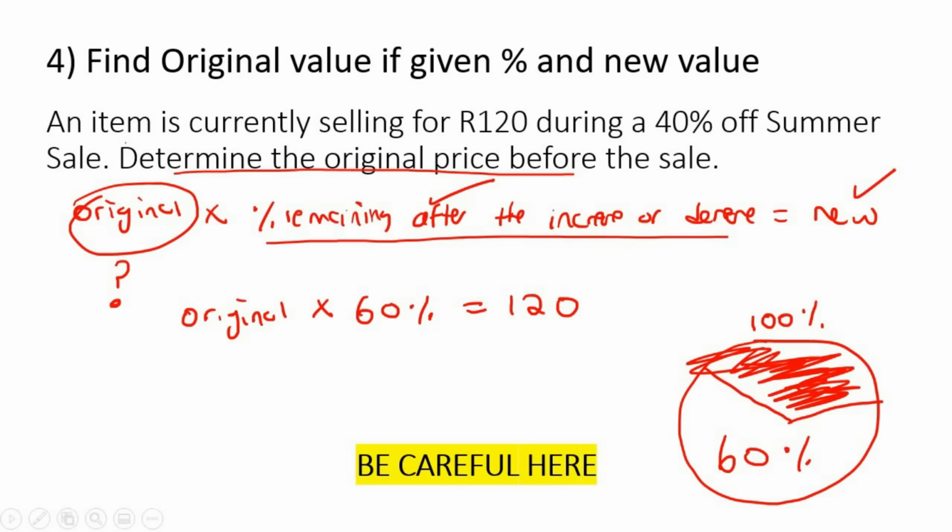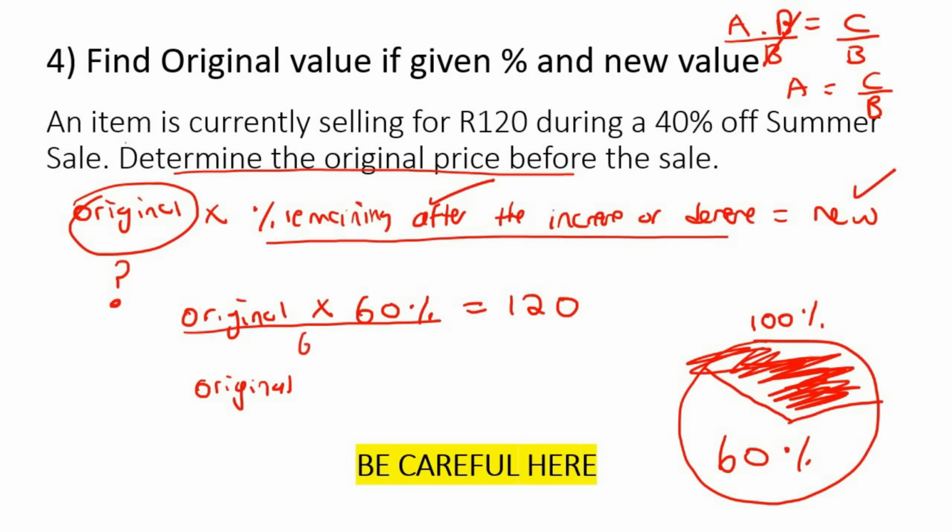Now we've got to use a bit of mathematics to get this part by itself. Remember, if you have A multiplied by B equals C, and you need to get A by itself, you divide both sides by B, because what you do to one side, you do to the other side. That cancels, and you end up with A equals C over B. So here we need to get this part by itself, so you're going to divide both sides by 60%.